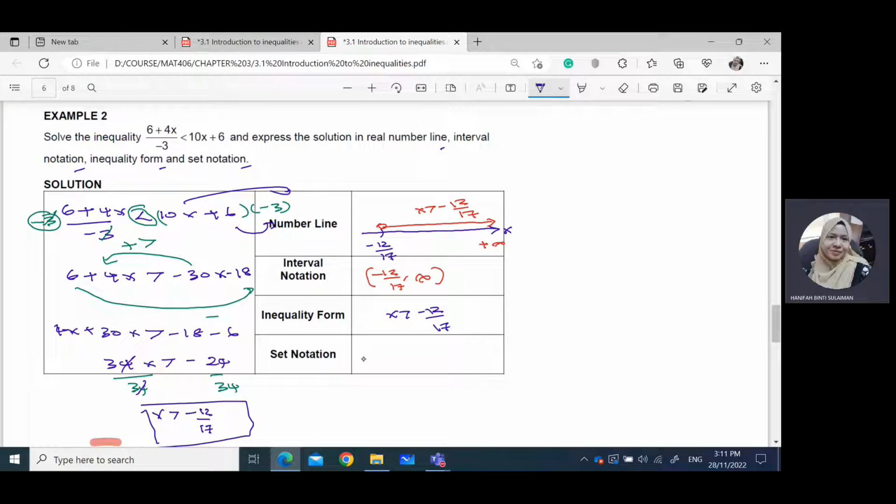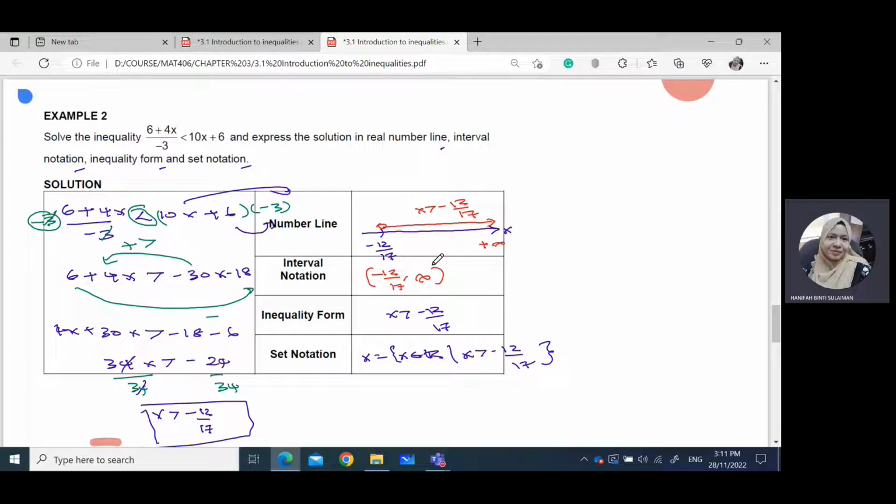Okay, so in set notation, x is any real number such that x is greater than negative 12 over 17. Okay, so dia mesti dalam bentuk set. Ingat kalau dalam bentuk set, dia mesti dalam curly bracket. Okay, so this is the answer in the number line, interval notation, inequality form, and set notation.